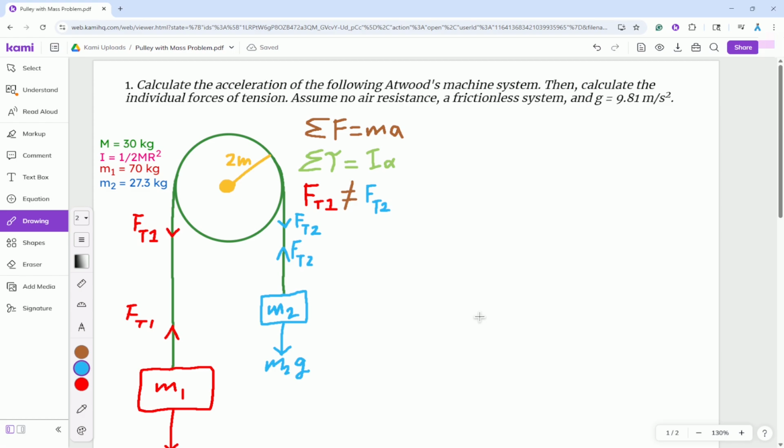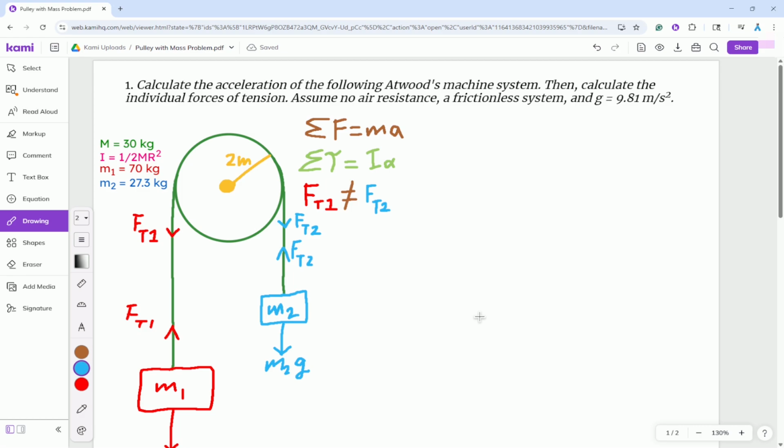They say that gravity is the force that causes the torque on the pulley. No, my friends, that's incorrect. It's actually the force of tension, or in this case, the forces of tension that act along this pulley.